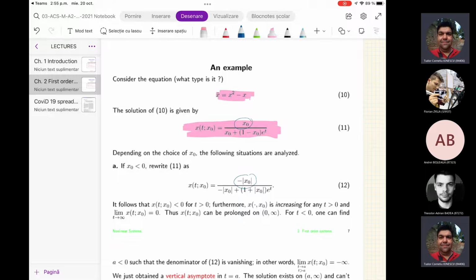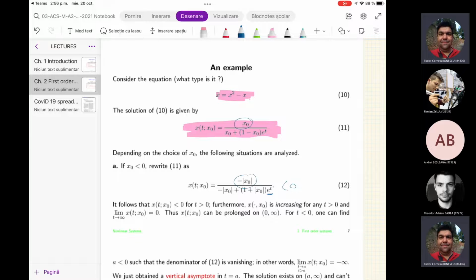Hence, if you look at this guy, this is negative. Furthermore, this function is increasing for any positive time, because when the time grows, this guy is growing.